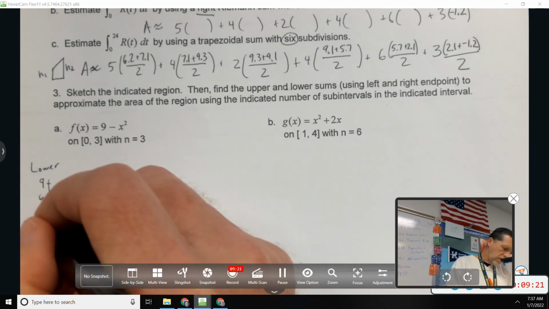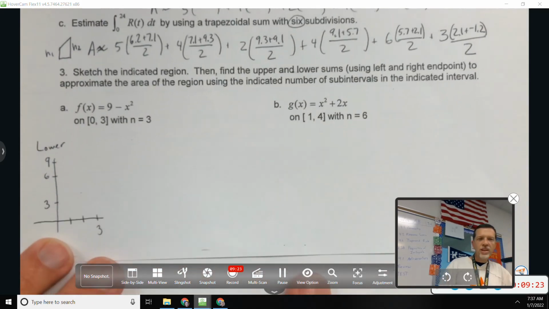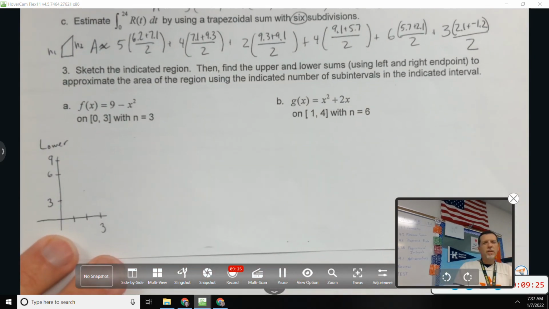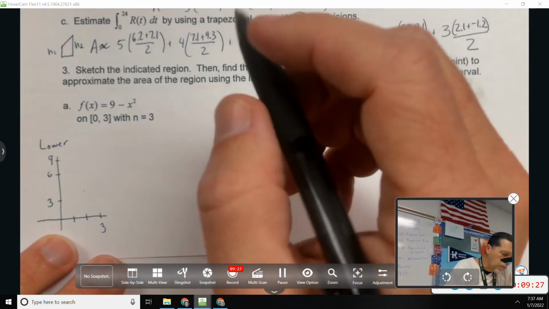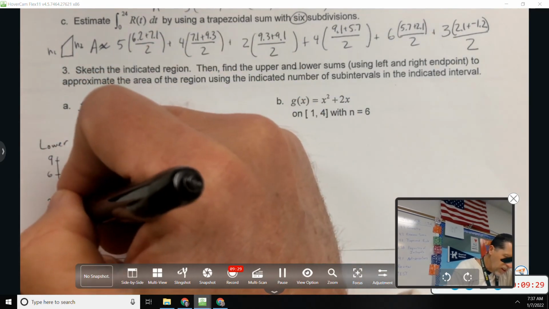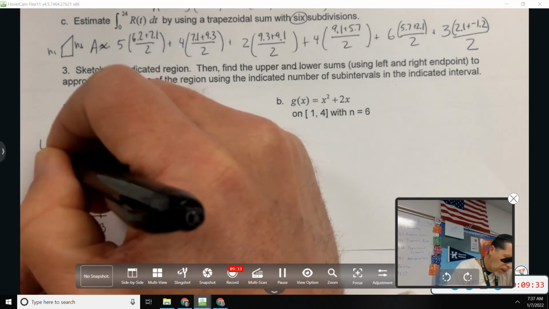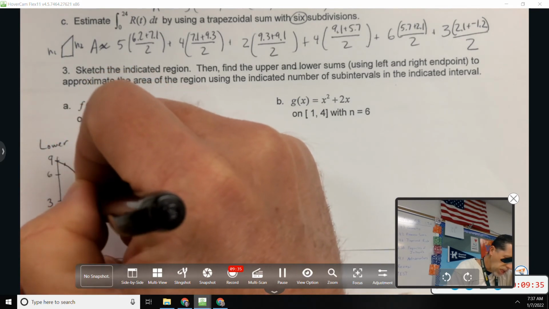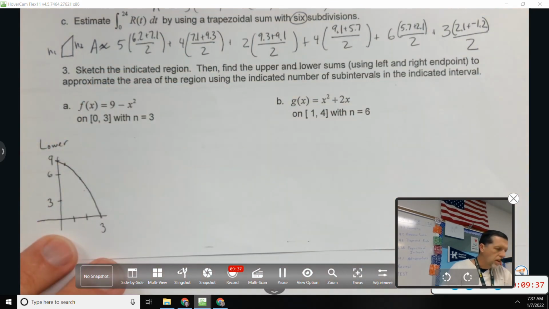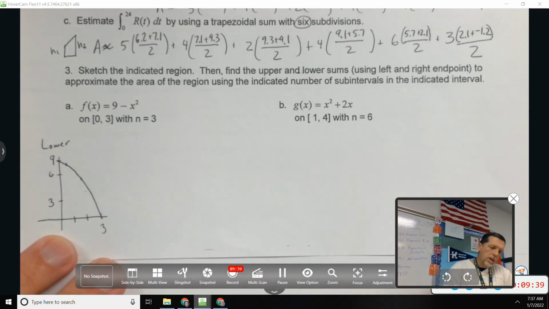Again, the picture isn't absolutely necessary, although it might be to figure out which one's upper and lower.